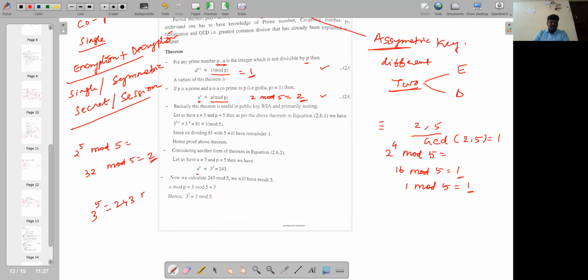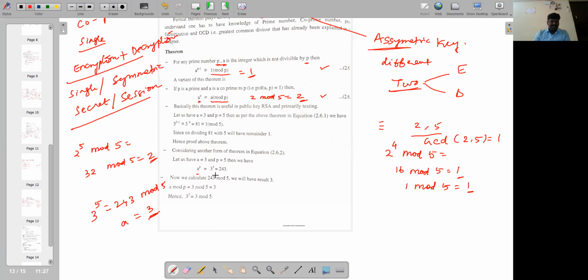So 243 mod 5, you will get 3. Correct. So a power p, which is 3 power 5 mod 5, produces the same value as a mod p, which is 3.